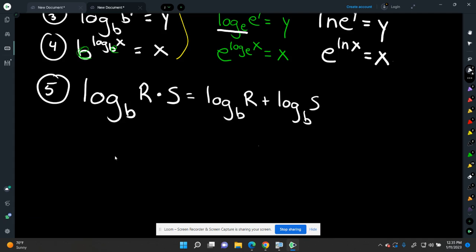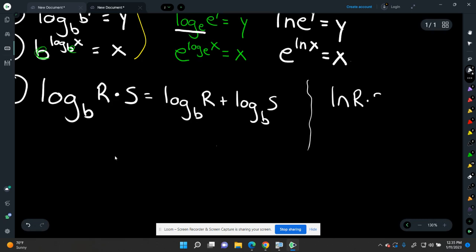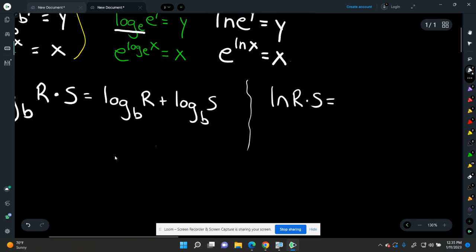Now that applies to natural log also. So the natural log of r times s, what do you think that's going to equal? The natural log of r plus the natural log of s.